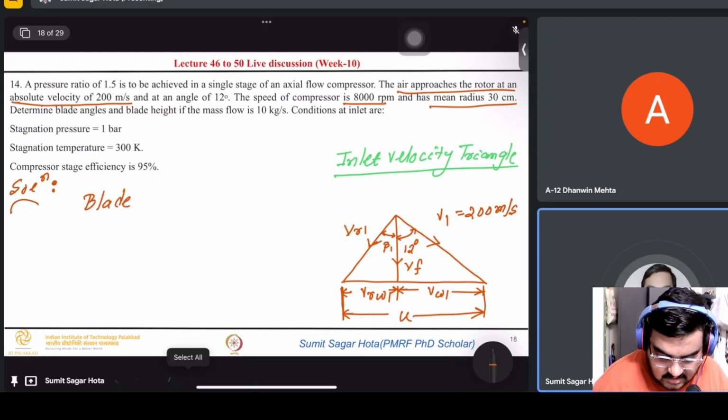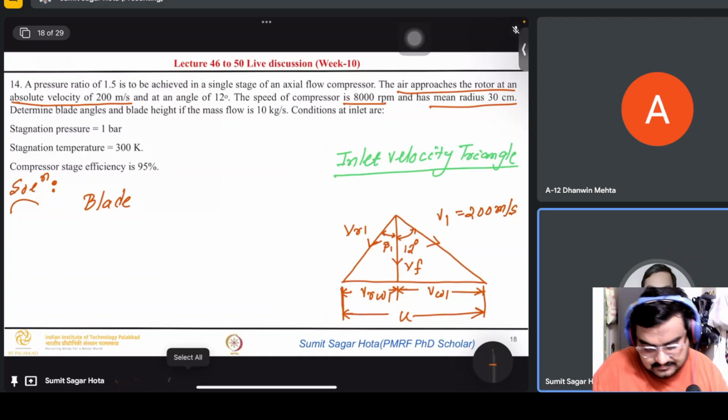This kind of question can be asked in your exam also. They will directly give you the mean radius, 30 centimeter, and they will give you the rpm, 8000 rpm, the speed of the compressor. Then they will ask what is the blade speed, and 4 options will be given.